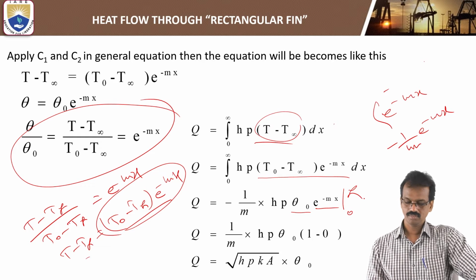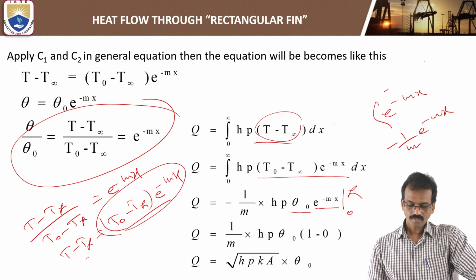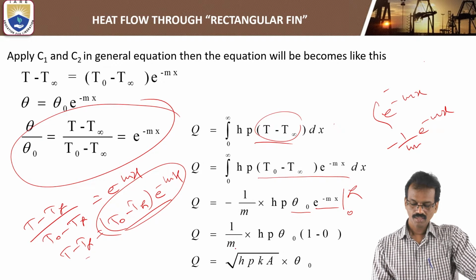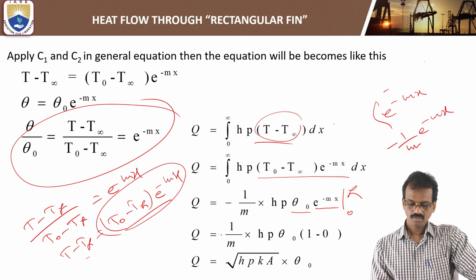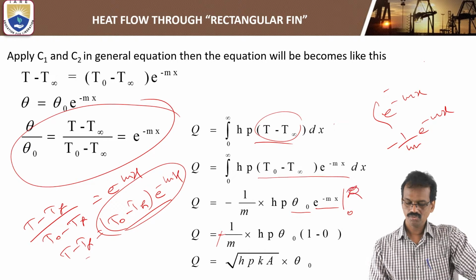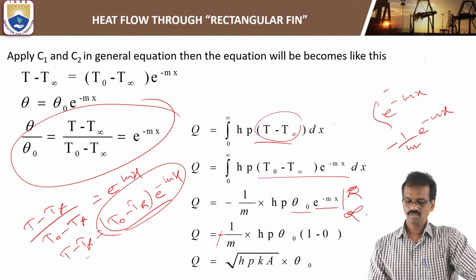We can apply this. Okay, minus 1 by m into hP theta naught into, okay, so if you cancel this minus, then the limits will be 0 to infinity. You can take it like this. Infinity, no need to take.